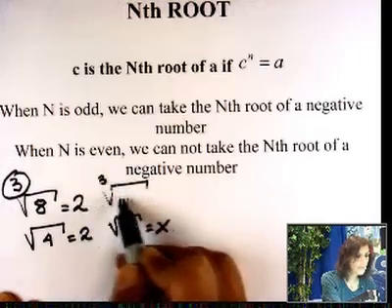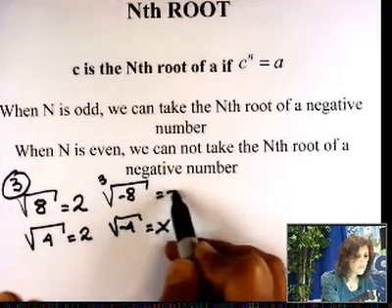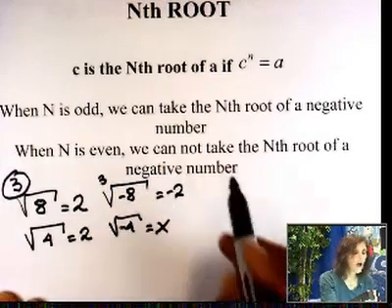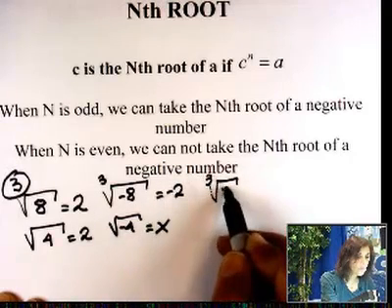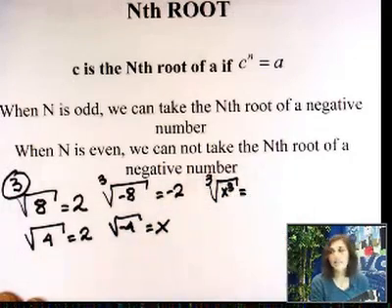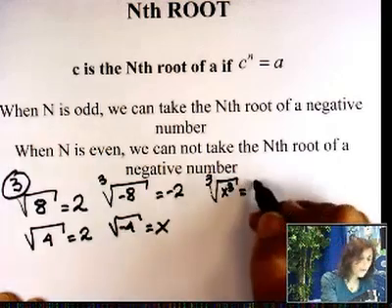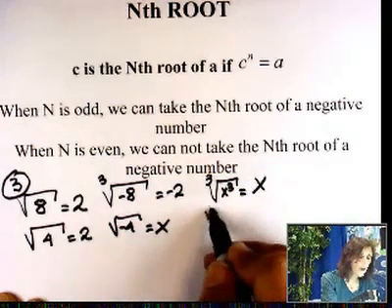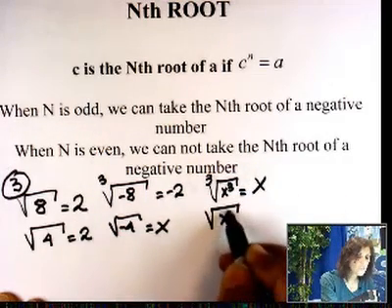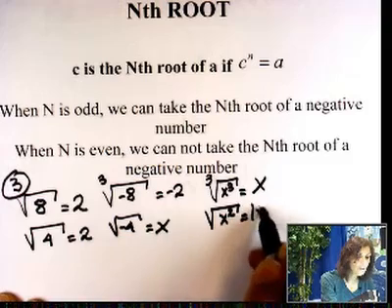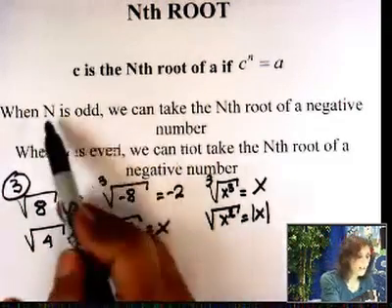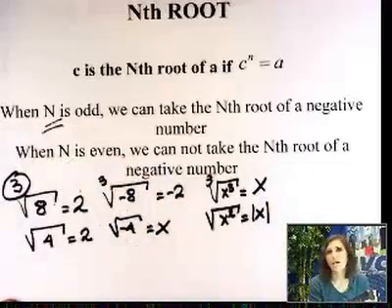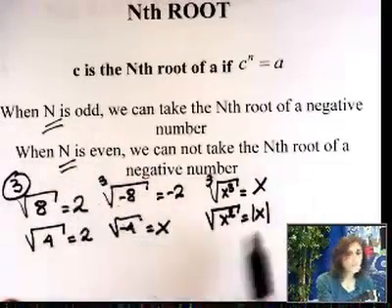Cube root of negative 8 is negative 2. How about cube root of x cubed? I can have a negative answer, so I don't need an absolute value. But square root of x squared, guess what? I do need an absolute value. So what do you learn? When n is odd, you don't worry about absolute values. When n is even, you do.